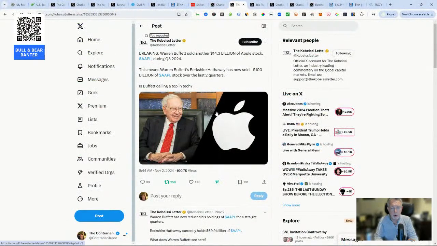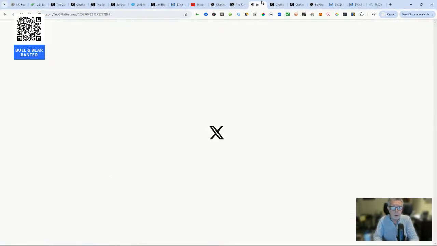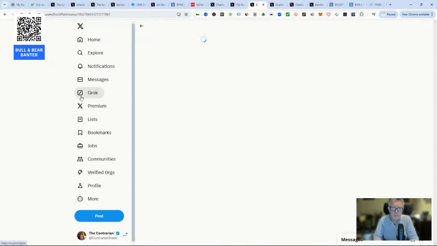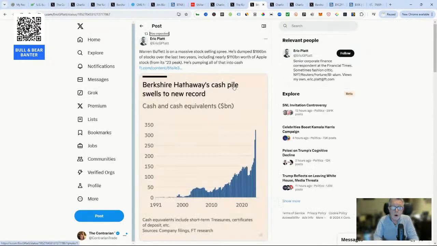All right, so back to good old Warren Buffett. He's sold over $100 billion of Apple stock over the past 2 quarters. Uncle Warren's checking out, and for good reason. He's worried. Warren Buffett is on a massive stock selling spree.